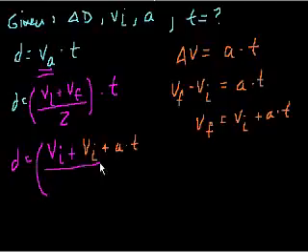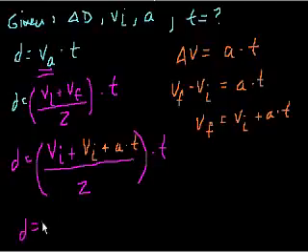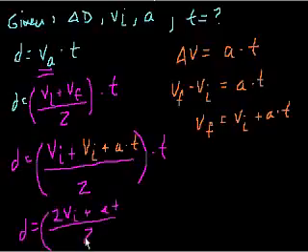And then we divide all of that by 2 times time. And so we get d is equal to, so let's see, we have 2 in the numerator, we have 2 initial velocity, 2 Vi, plus at over 2, all of that times t.